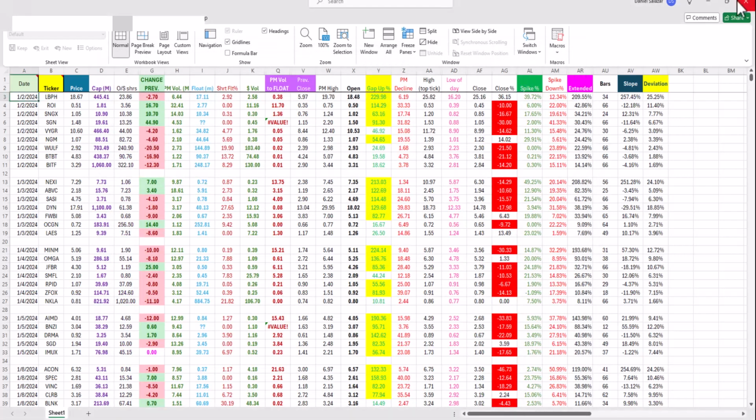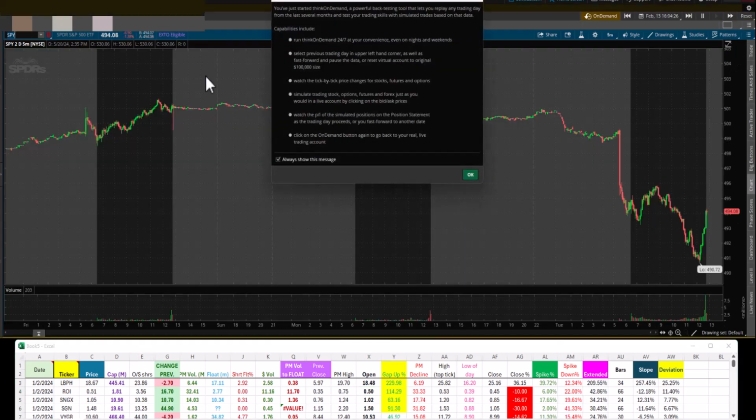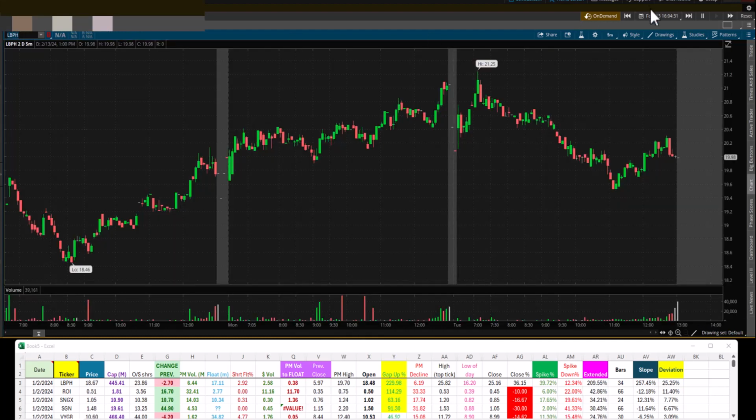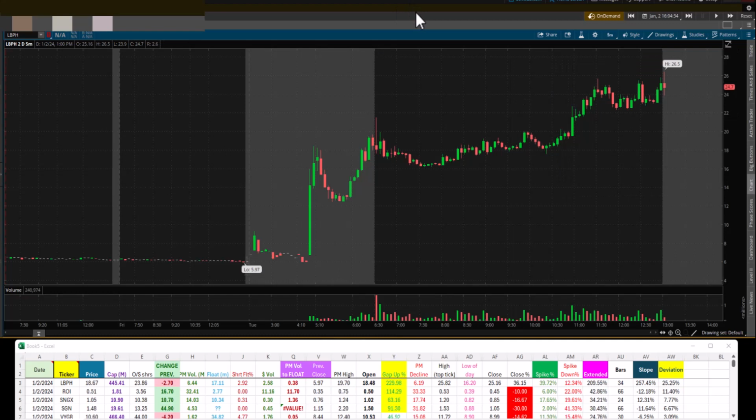So let me give an example of one. For example, LBPH on January 2nd, 2024. We're going to go to LBPH, January 2nd, 2024. Let's look at this, 5-minute chart.